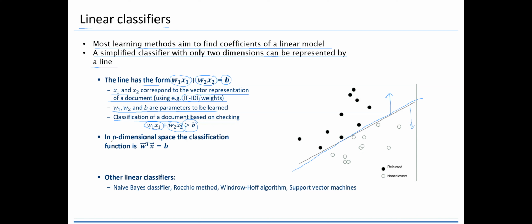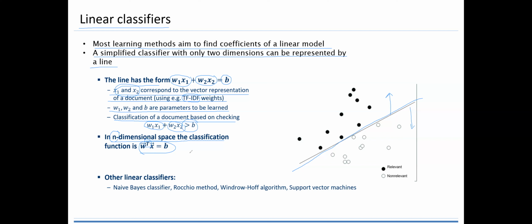Then in the n-dimensional space, the classification function will be like this one. This is only 2, where 2 means 2 keywords. But if we have n dimensions, it means we have many keywords.